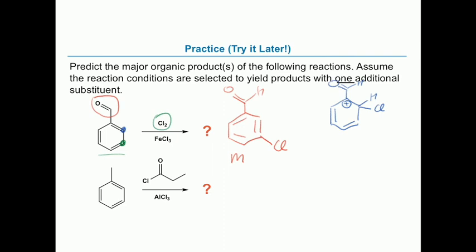Now this is a very unfavorable interaction because we have a positive charge right next to this electron withdrawing center. That's going to hurt that one quite a bit. As a result, if you look at the meta substitution, if we have our carbonyl, I'm going to add to that meta position first.